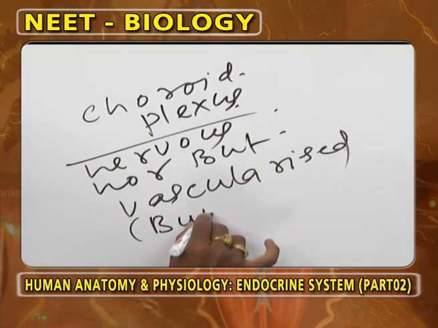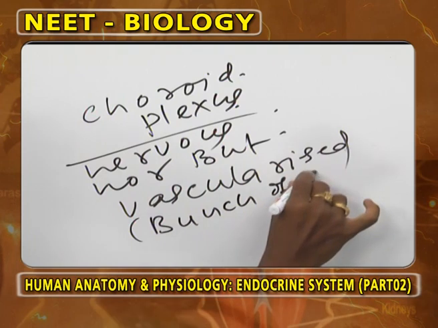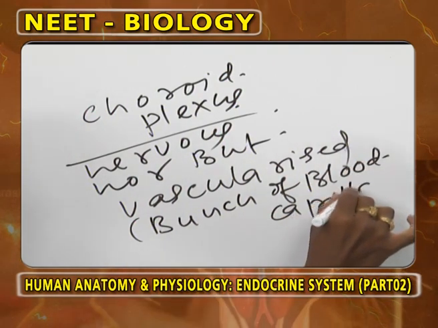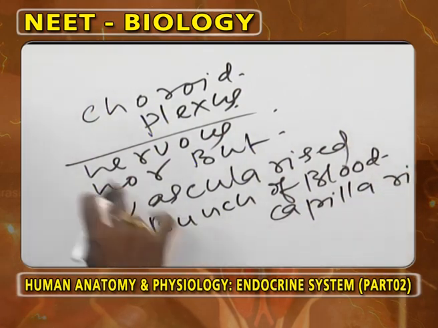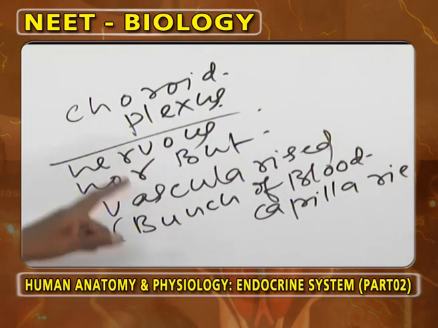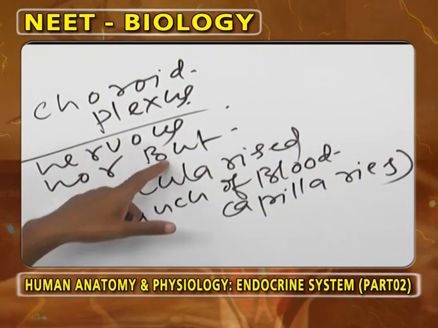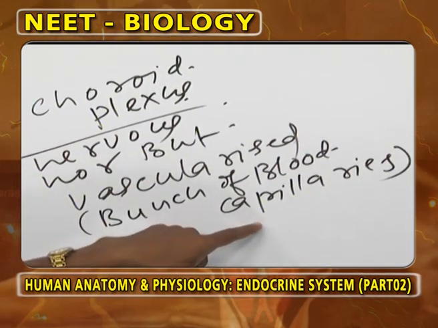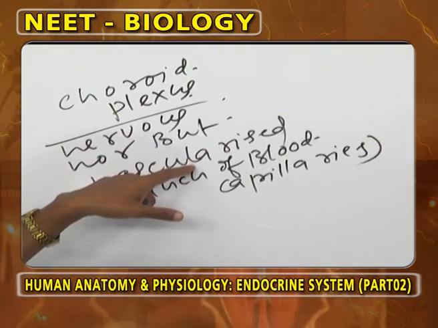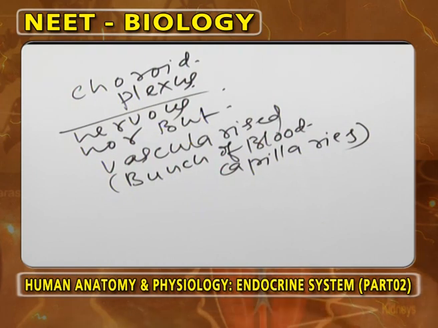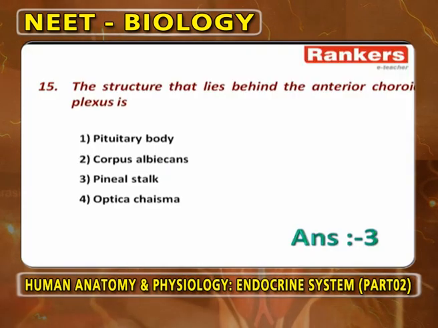Bunch of blood capillaries. What is meant by choroid plexus? Here no nerves, non-nervous, but bunch of blood capillaries are present, vascularized. Plexus means bunch of blood capillaries. Here the question is the structure that lies behind the anterior choroid plexus.